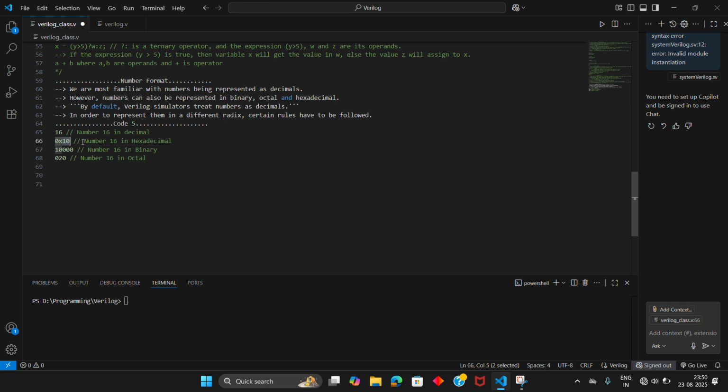Then only will the compiler take that number as hexadecimal. If you simply mention the value as 10, it will be treated as a decimal value. So that's the meaning of this third line: by default, Verilog simulators treat numbers as decimals.